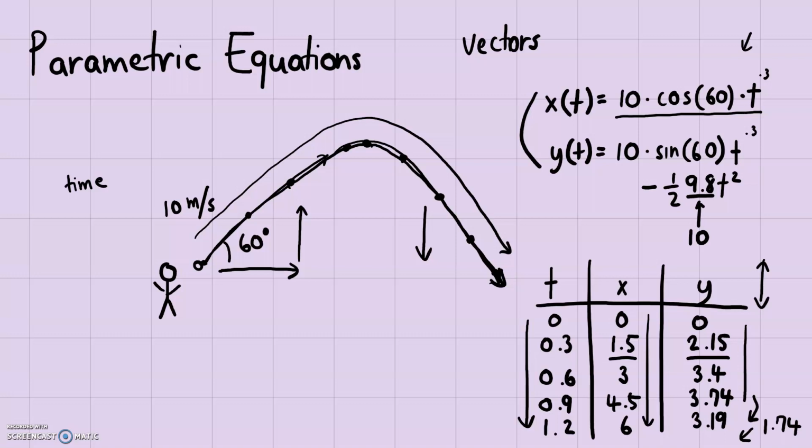So after 0.6 seconds after the throw, the ball is going to be in this position at 3 and 3.4. So if you were to graph this on the Cartesian plane, at 3 and then 3.4, that's where the ball is going to be after 0.6 seconds.